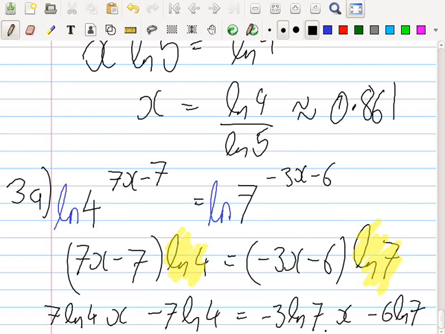Yep. So let me just make a bit more space here.